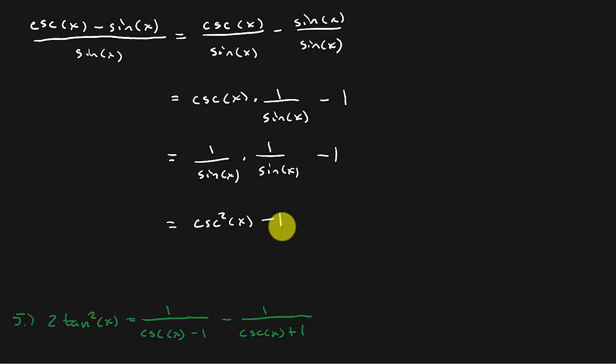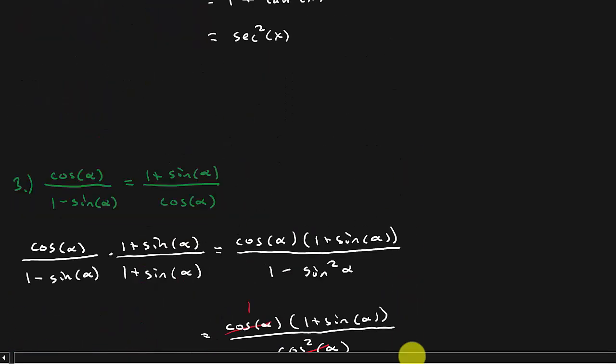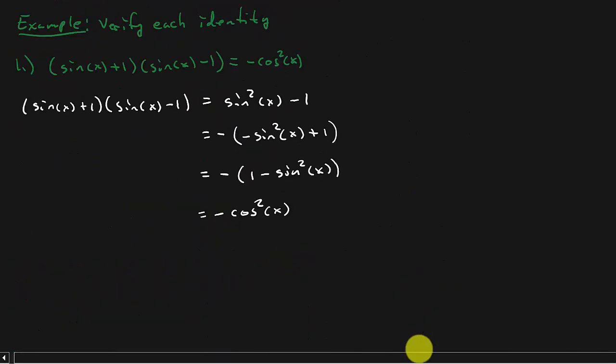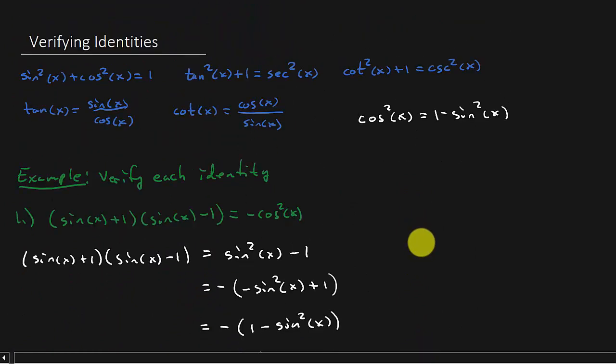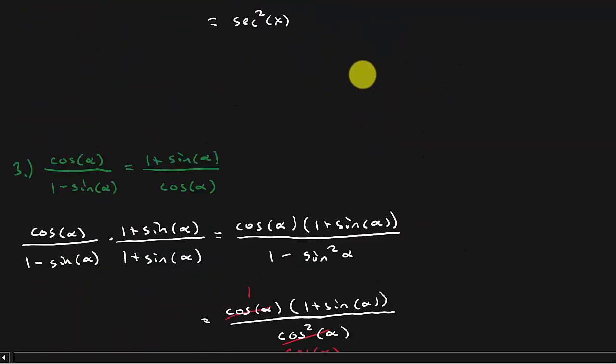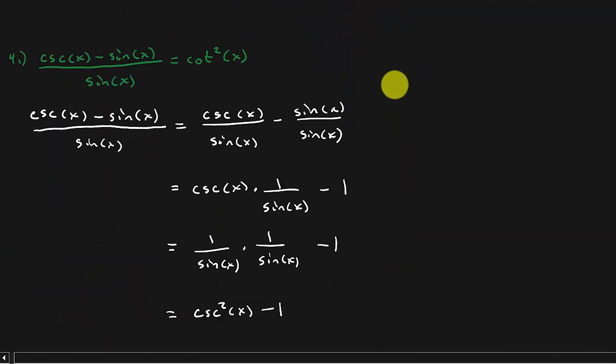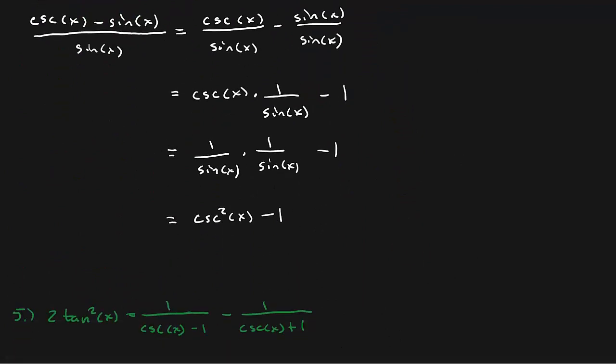So what is that going to do? What does that equal? Well, let's go back up here. We've got this: cotangent squared plus 1 is cosecant squared. All right, so let's jot that down here.